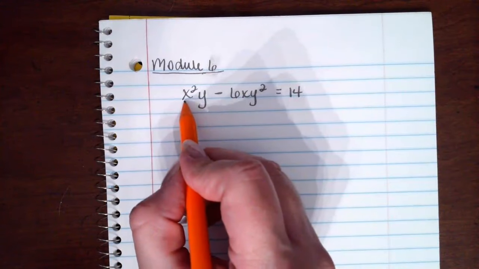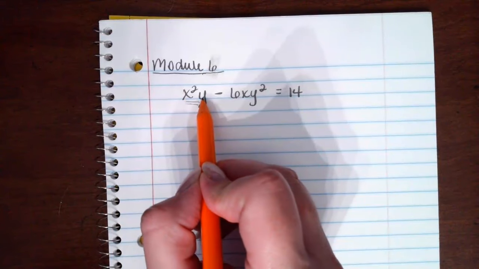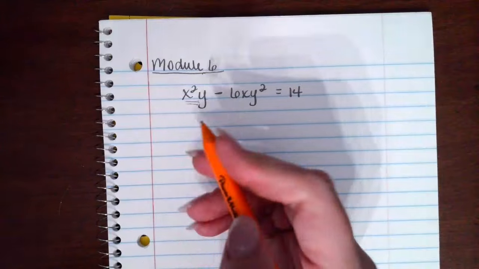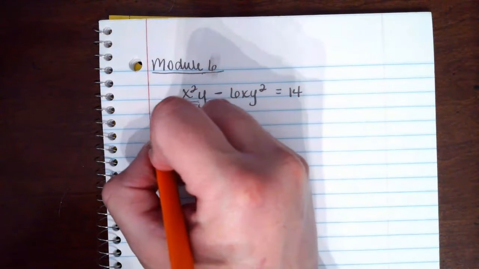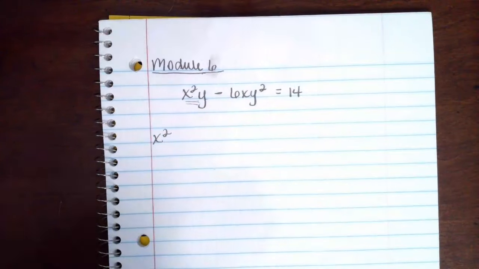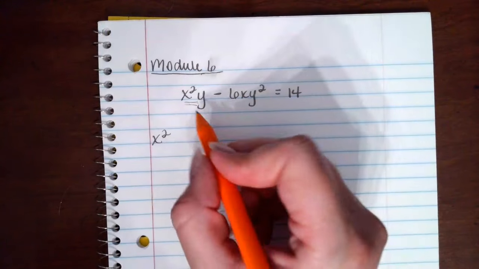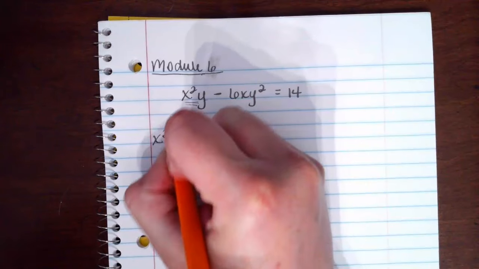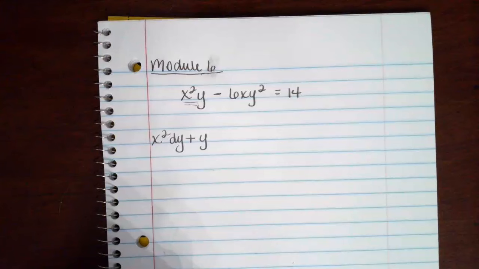So if I look at this first one, I need to do product rule because it's first times second. It's variables times variables. Product rule says I have the first times the derivative of the second. So the derivative of y is 1 dy plus the second times the derivative of the first.